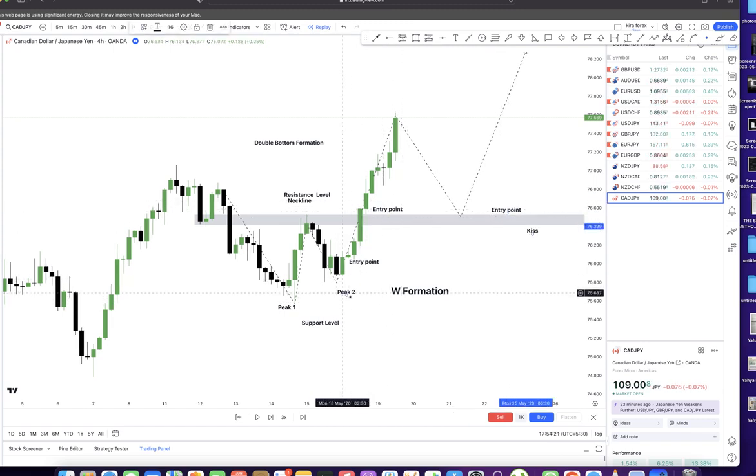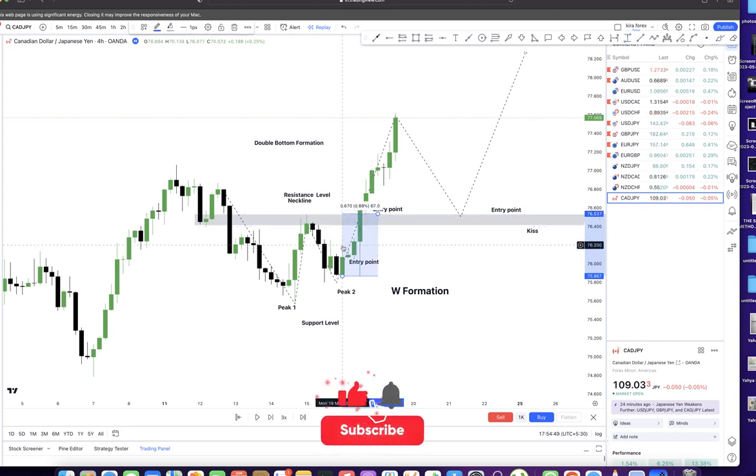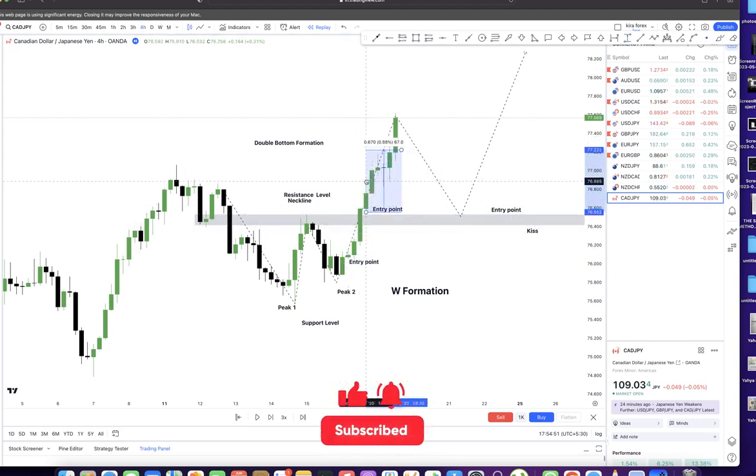Now, if you are taking your first entry from the second pick around this area, then you take your first profit or break even at the neckline and then wait for the rest of the profit to run. When you're waiting for the rest of the profits to run, you measure from the second pick to the neckline, and then take your profit with that same measurement.